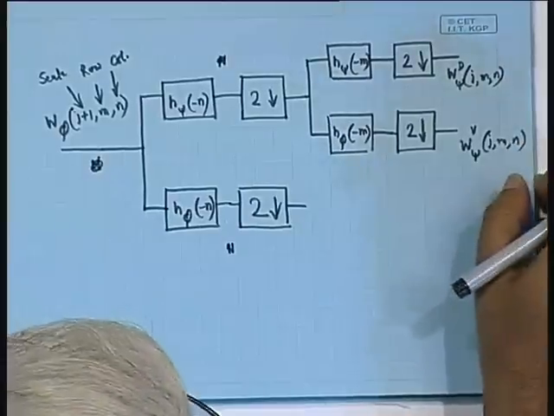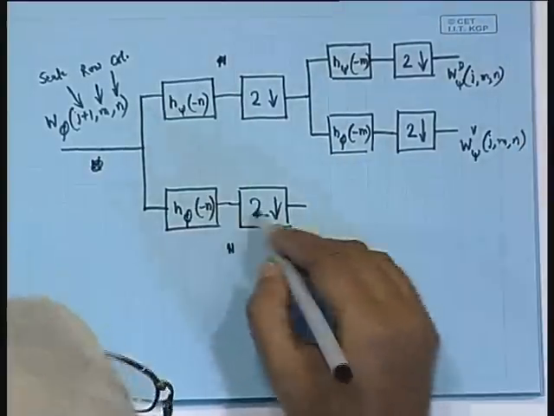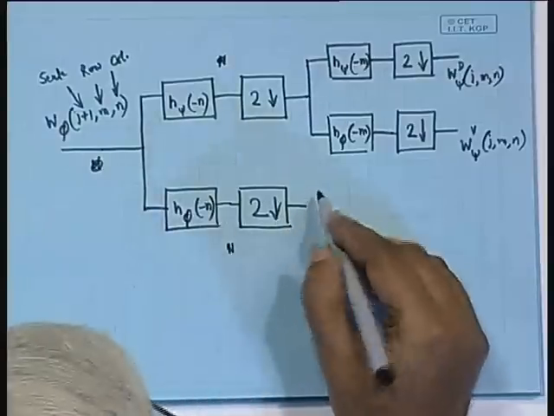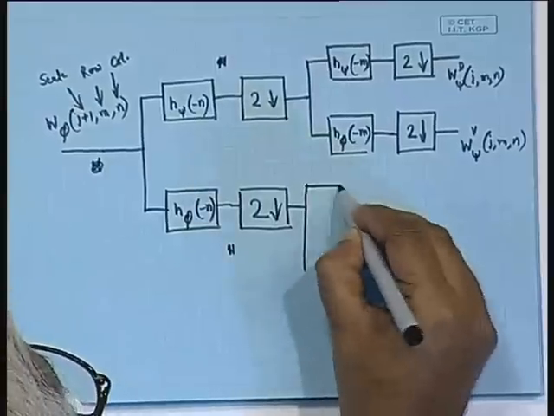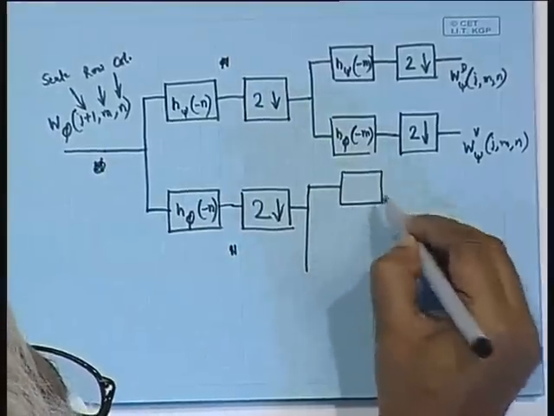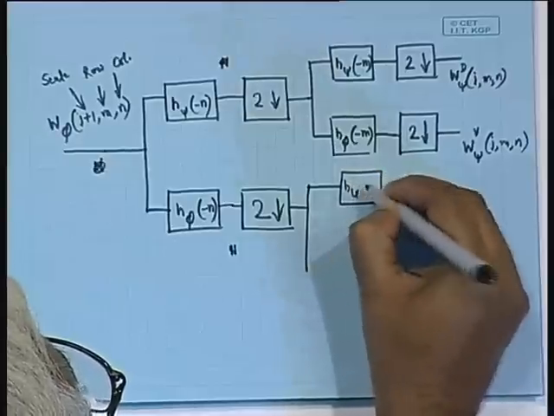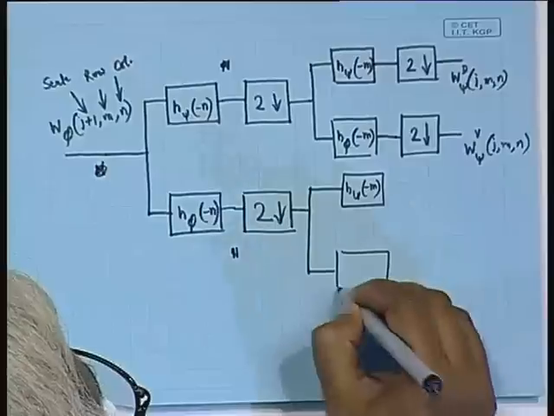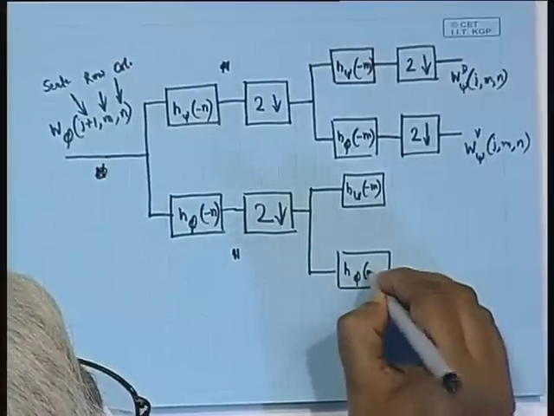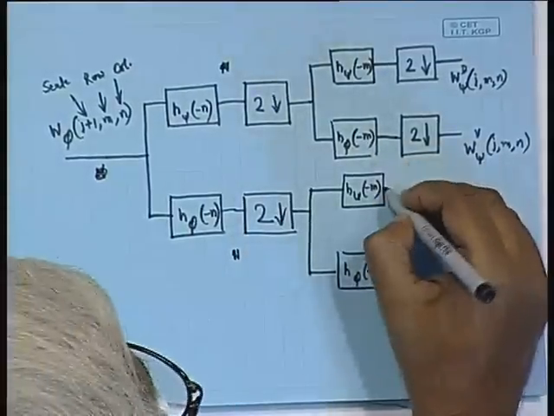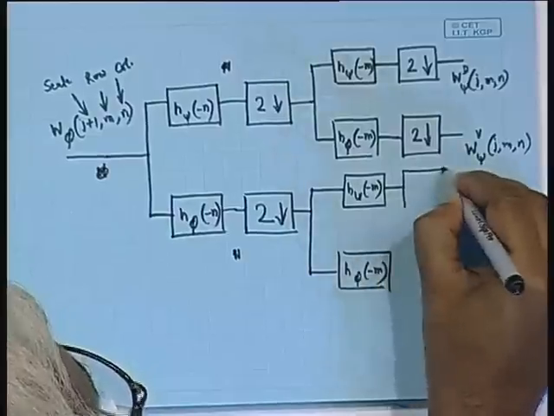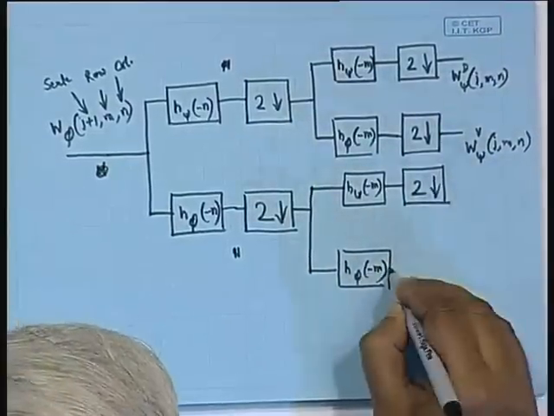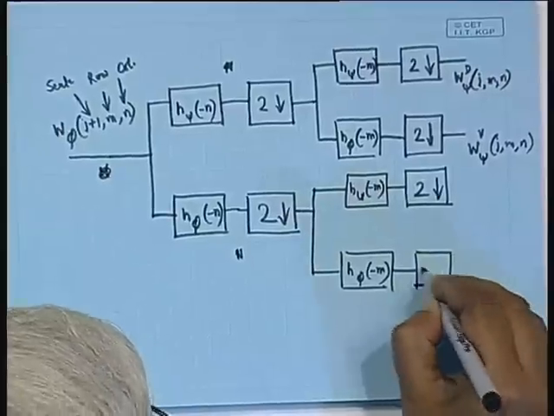And for the low pass filtered signal along the column, we can apply the two filters similarly. We can apply H psi of minus m and we can apply H phi of minus m. For each, by a very similar argument, we have to do subsampling by a factor of 2, right.